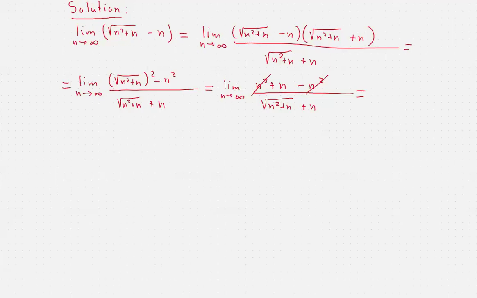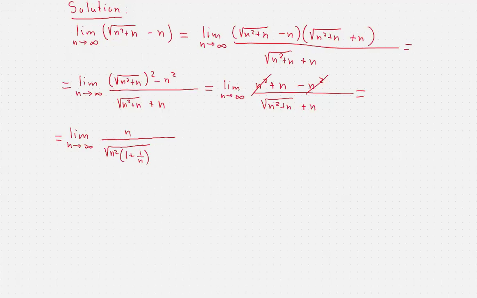So what we would like to do is factor out the largest quantities from each numerator and denominator separately. To achieve this, on the denominator, we start with the square root, and we factor out, as we would have done normally, n squared, which is the strongest term.